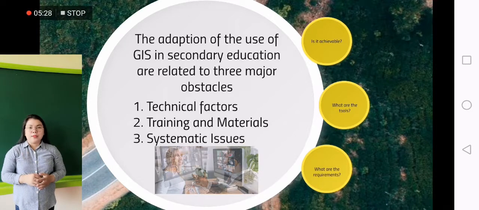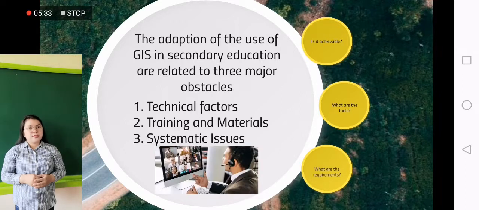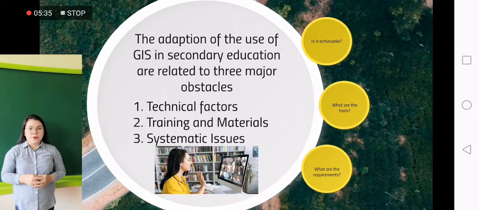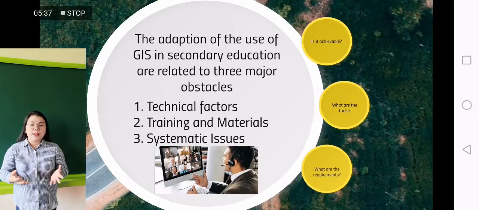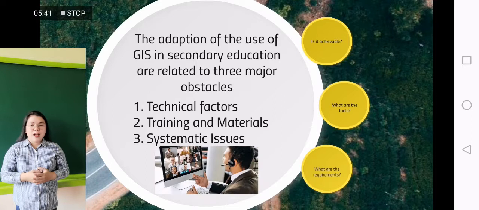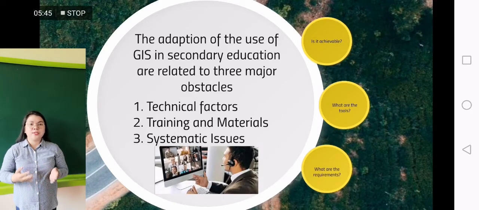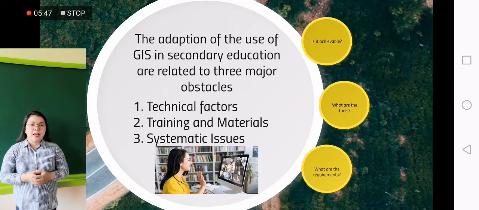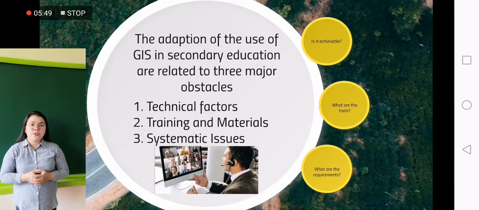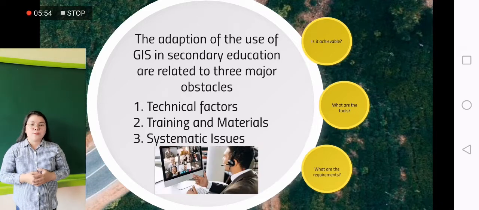Number three, systemic issues that encourage or discourage innovation in education. Some additional obstacles mentioned in other studies are the lack of time for teachers to learn GIS and use it for their class activities, the need to use new technologies, and also the difficulty in using GIS software.